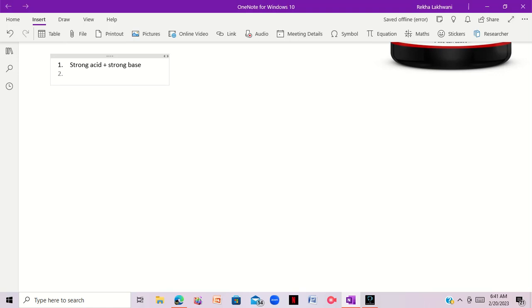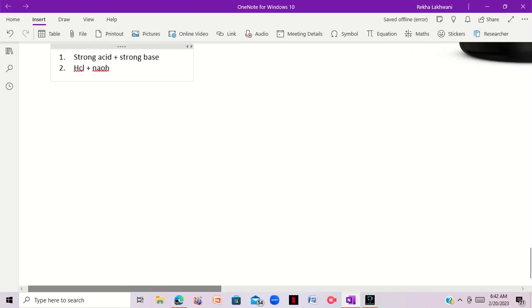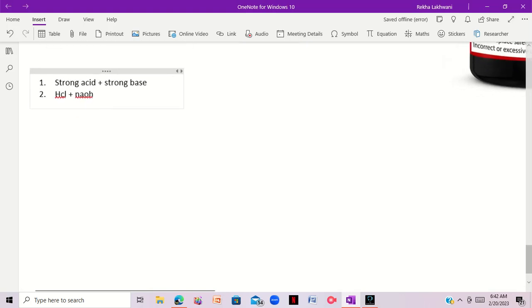When these both combine. So let's take a strong acid, HCl, plus a strong base, NaOH. When HCl and NaOH combine, they will form NaCl, right? So this NaCl is basically a neutral salt.